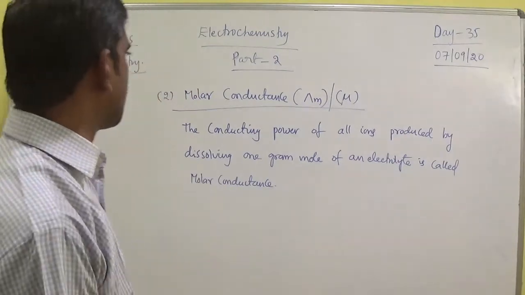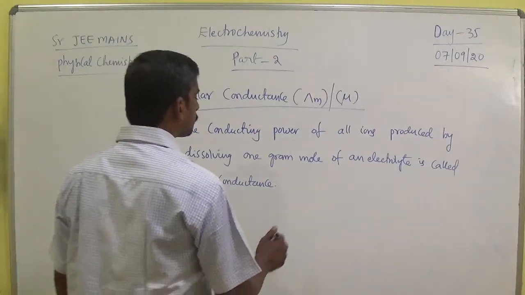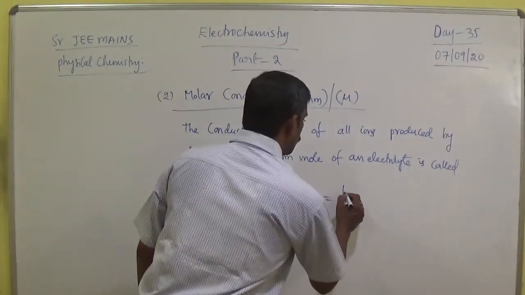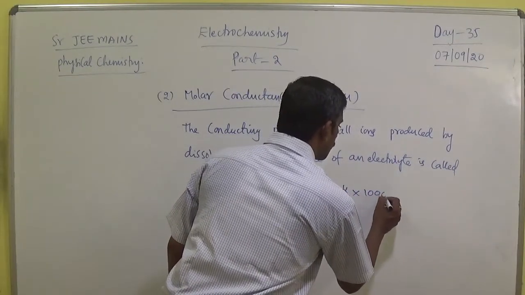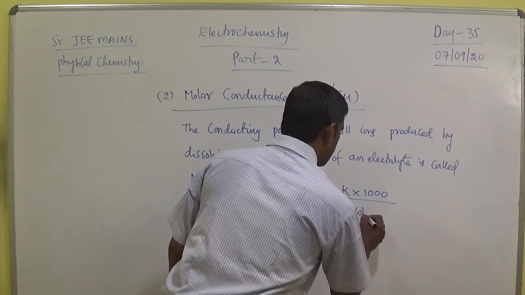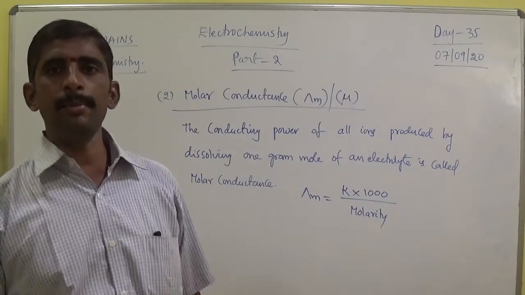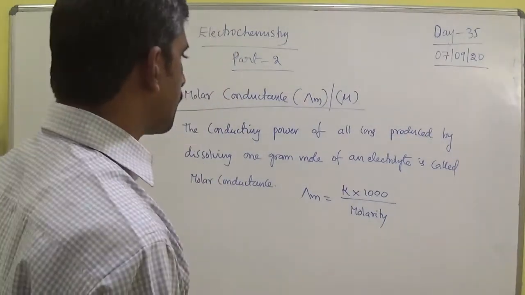Molar conductance mu equal to K into 1000 by molarity. Here K means specific conductance and M means molarity.